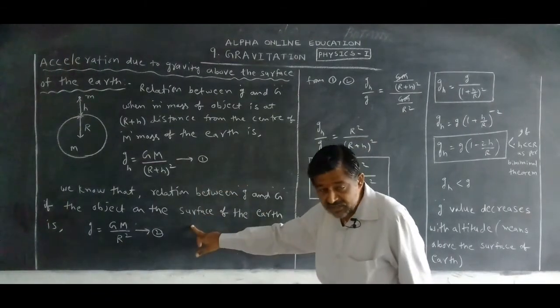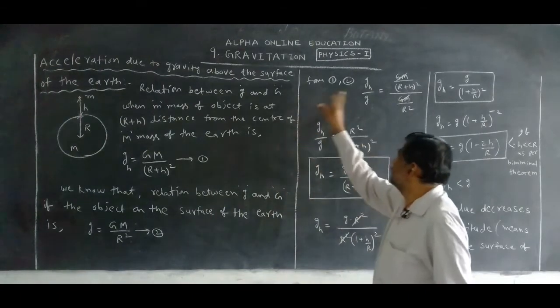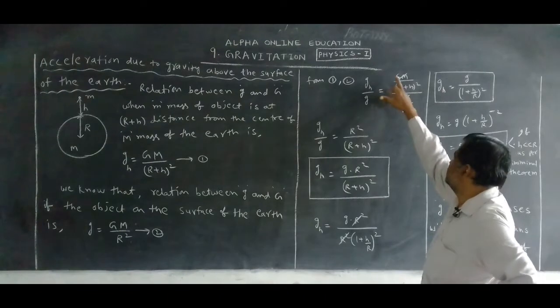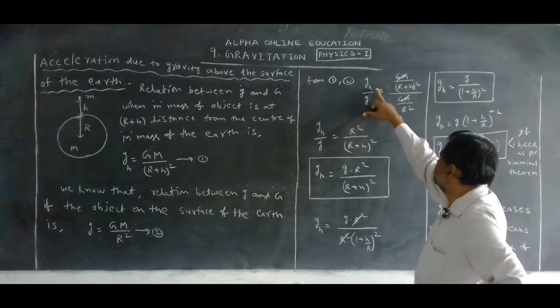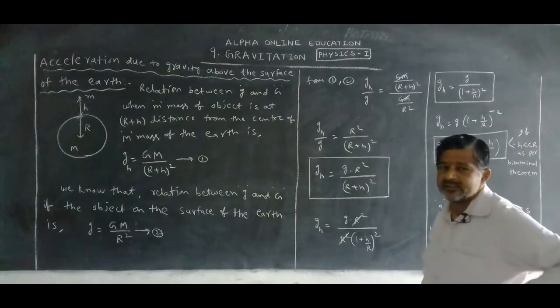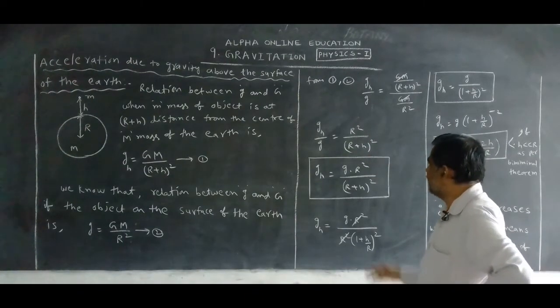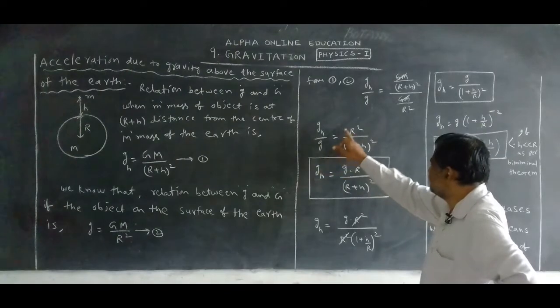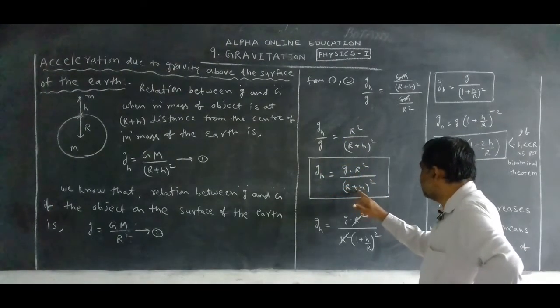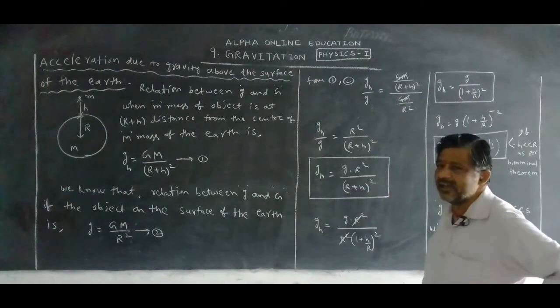Now divide them, GM cancels. g_h by g is equal to R square by (R plus h) whole square. So g_h is equal to g into R square by (R plus h) whole square.